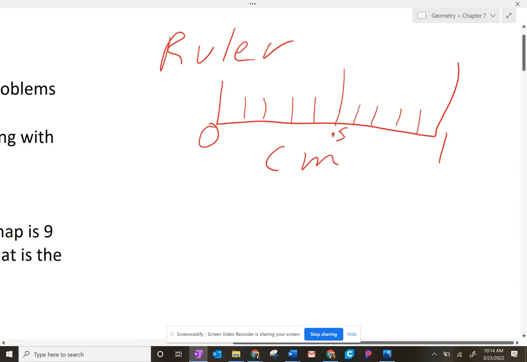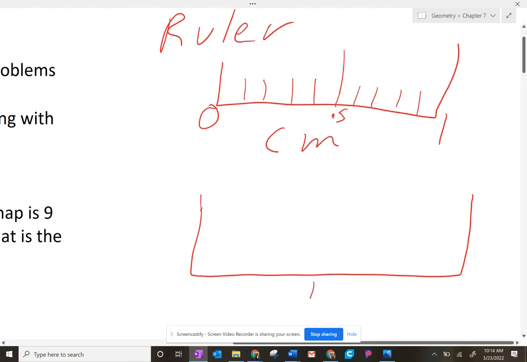However, when we get to inches, okay, inches will be on the other side. It's kind of harder to see. They don't make the lines nearly as big. But they do have a couple longer lines. I'm going to start off. Here's my 0.